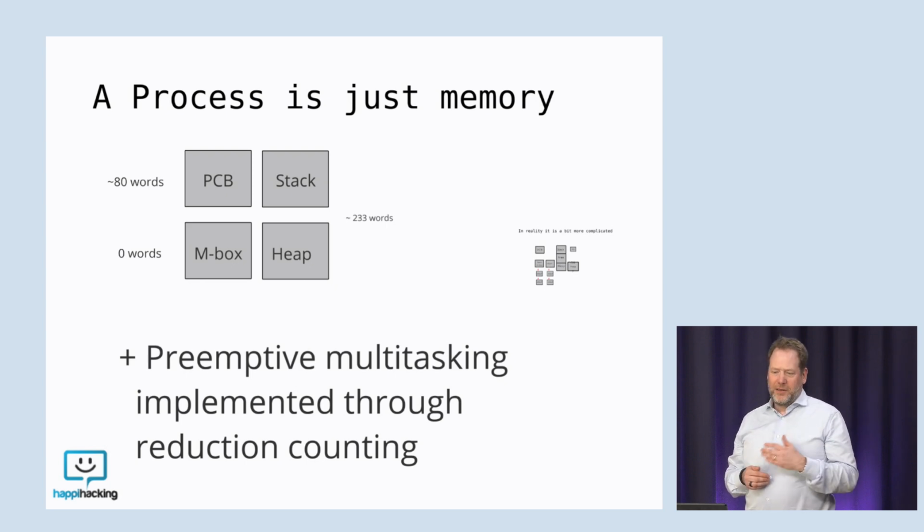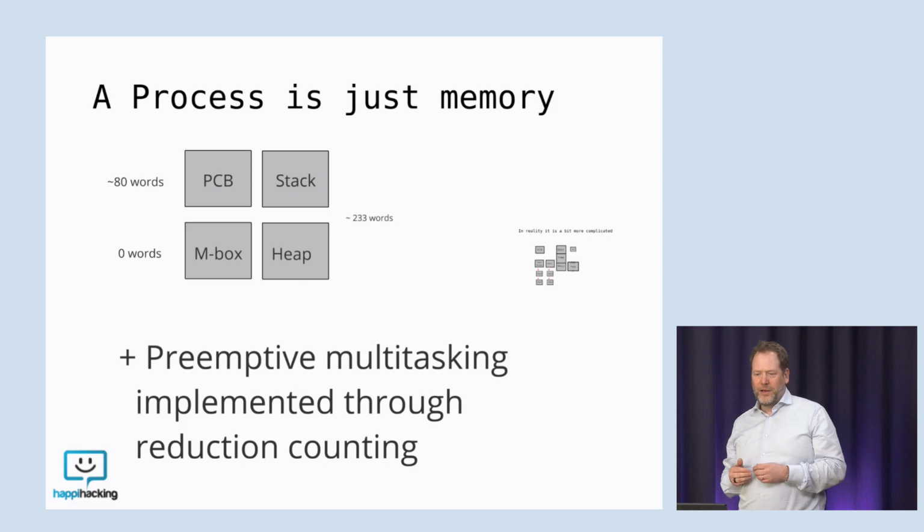You have a stack with arguments to functions and the return address of functions. And you have a heap where you can store long-lived data. And the stack and the heap together is about 233 words when you start. And also there's a mailbox where other processes can add messages.